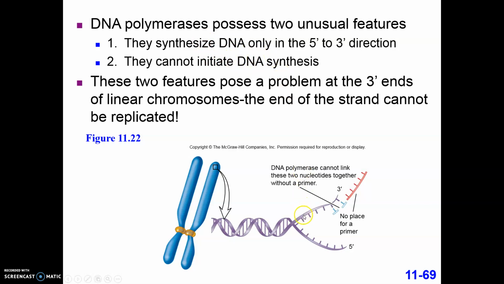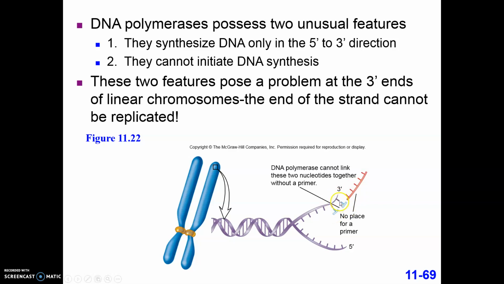The problem that we have is at the 3' end of our chromosomes, and remember there'll be a 3' end on each side, there is no sequence to lay down an RNA primer to then attach the nucleotides to.